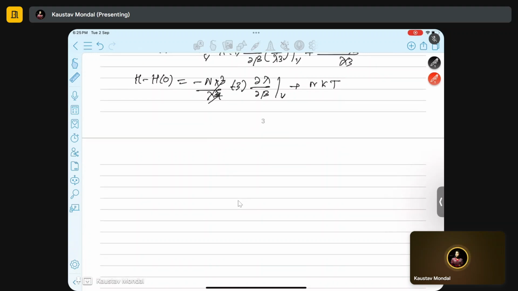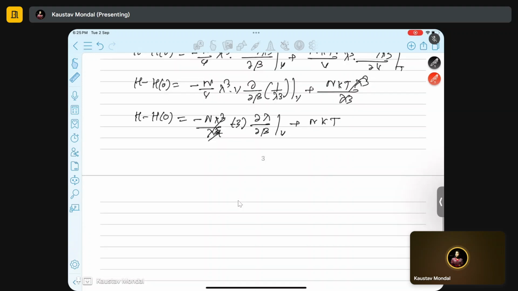Now the next thing you can do, lambda is basically beta h square by 2 pi m to the power half, that's the expression of the thermal wavelength, right?